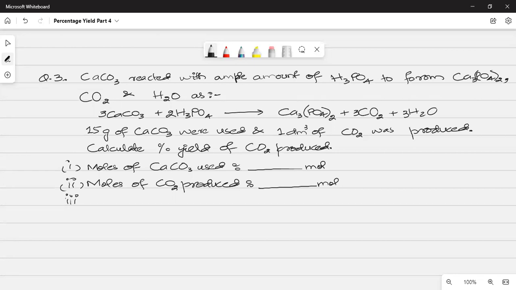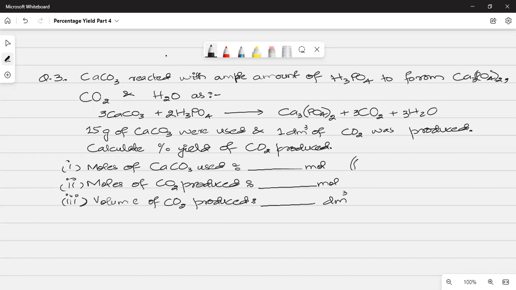Lastly, to think about the predicted yield, volume of CO2 produced. Now, when I write the words as volume or mass or moles, this really gives you the idea to use which formula.